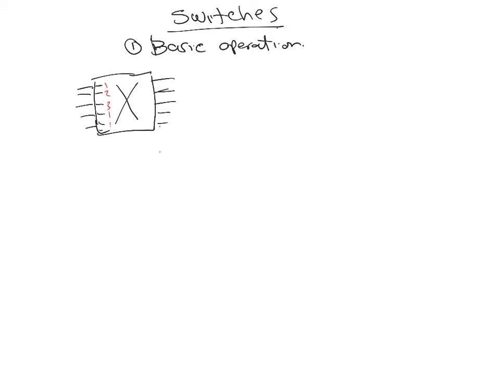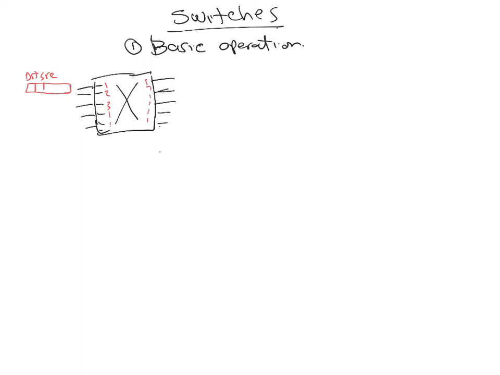The switch reads the frame that's coming in on any of these ports, and it reads the destination and the source addresses from the frame, and based on that, it forwards the frame to one or more of the output ports.